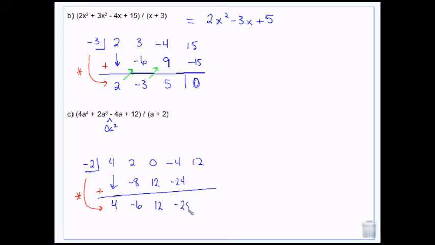So that gives me negative 28. And negative 2 times negative 28 is positive 56. So I have a remainder of 68. Right? 4, 8, negative 6, 12, 12, negative 24. Yep, 68. Okay, so this is my remainder.